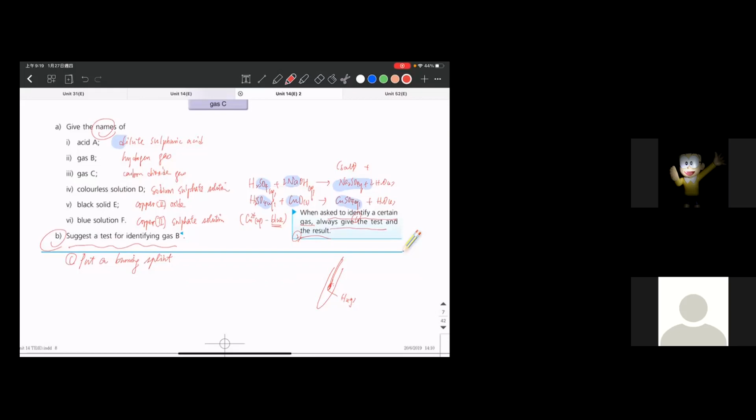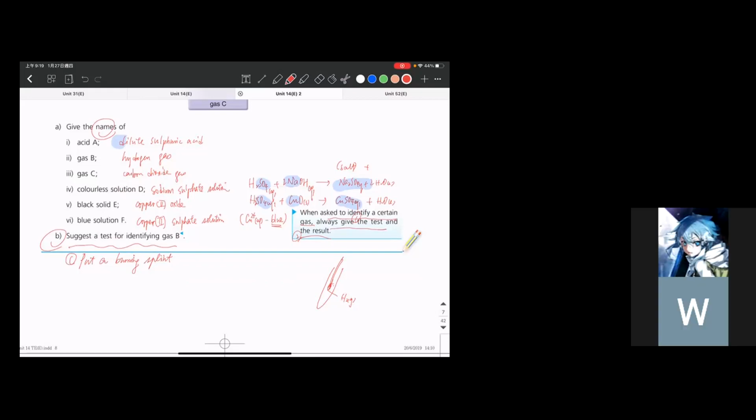The flame of the burning splint will be put off. Yes, it will be put off. Why? Now go back to something. Let's relink the concepts from the past to the present: the fire triangle. So you know the three: oxygen, fuel, and also high temperature.